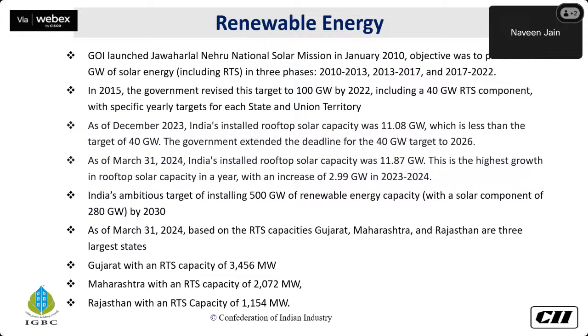You have also heard about the PM Surya Ghar Yojana, where the government is providing subsidy for rooftop projects for small houses or residential owners. That's where the government is pushing, because they have set an ambitious target and want to complete it, and that's why they are pushing through this incentive.